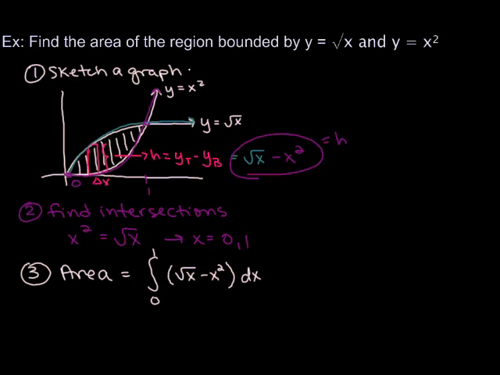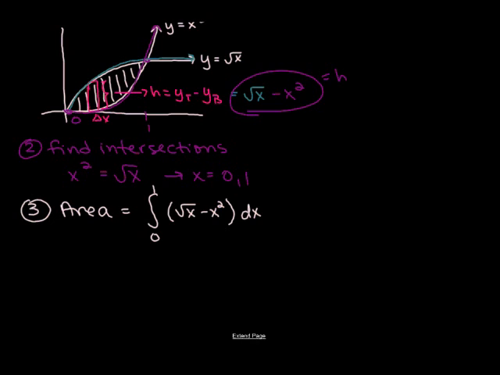Okay, and now we go ahead and we solve the problem. So now we go ahead and integrate. So square root of x, that will give us 2/3 x to the 3/2 minus x cubed over 3. And we are integrating from 0 to 1, so we evaluate from 0 to 1.